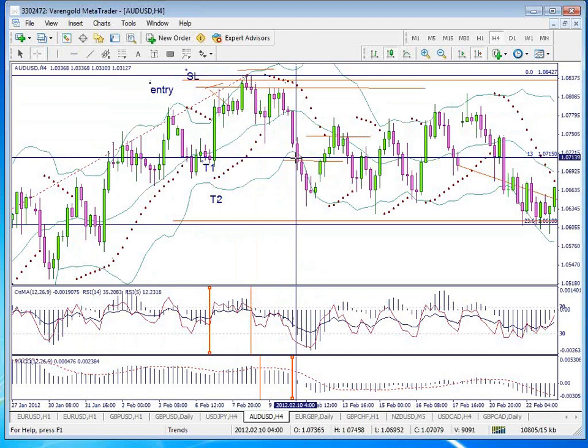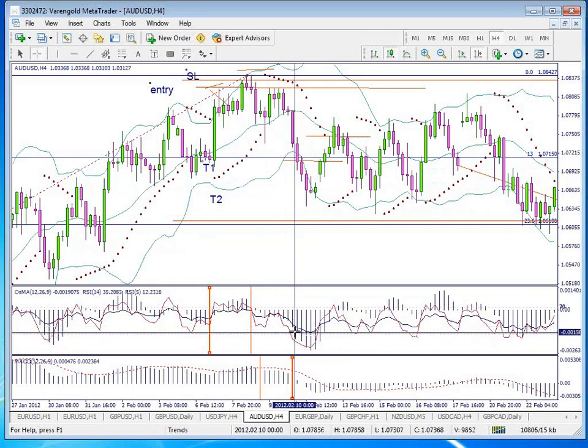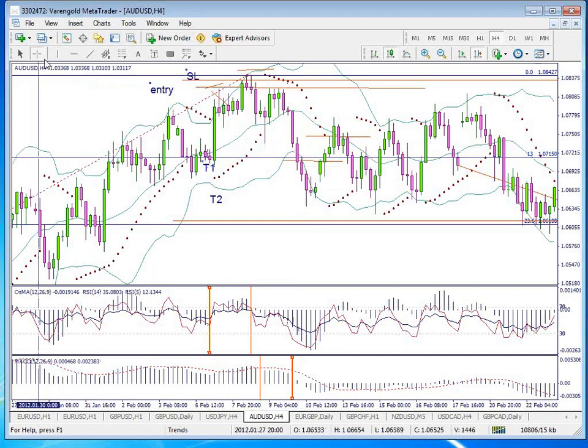Now I will not make some other entry signal. But when the pair reaches a certain level, it's not a clear signal for buy. Also, this candle closed outside of the Bollinger Band, so it didn't rest inside the Bollinger Channel.